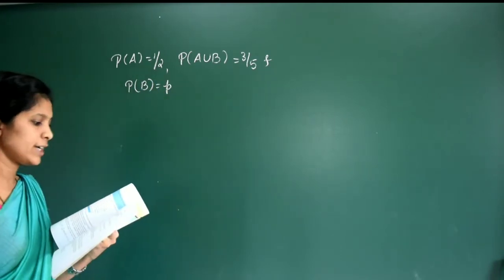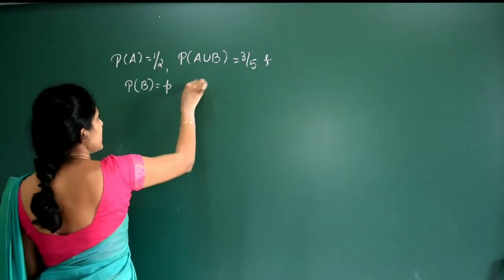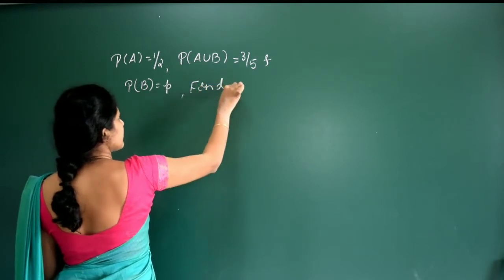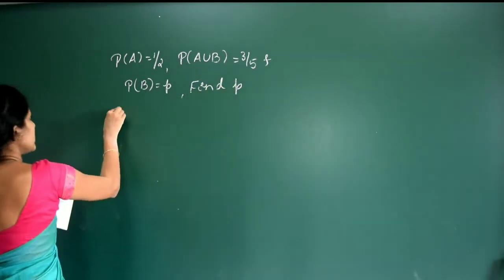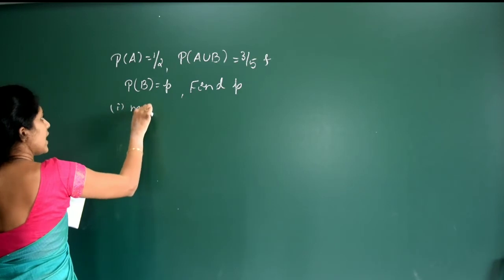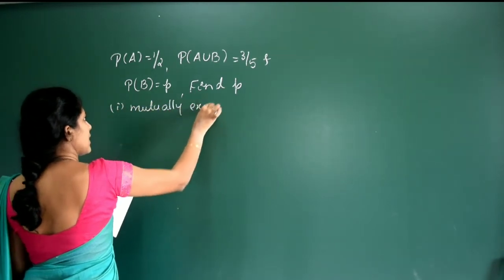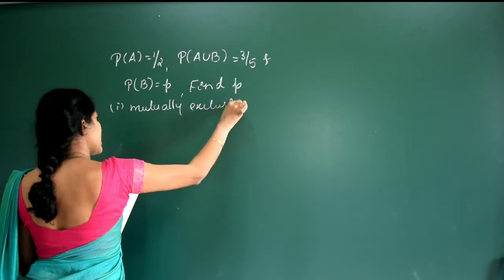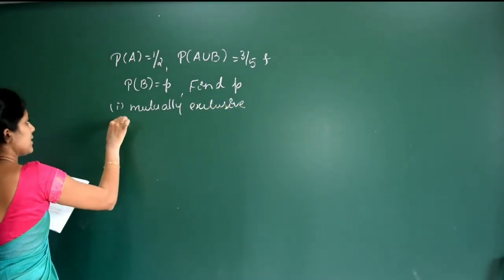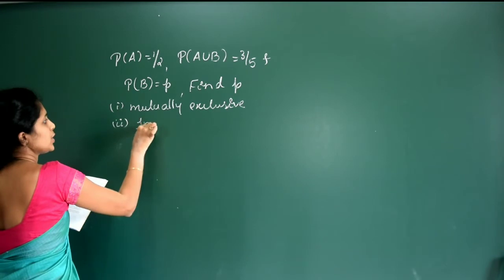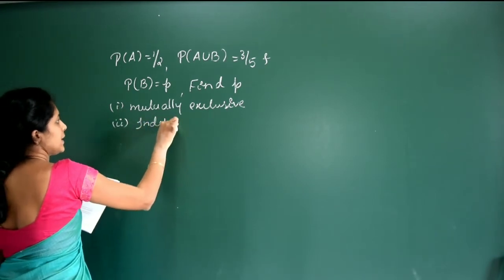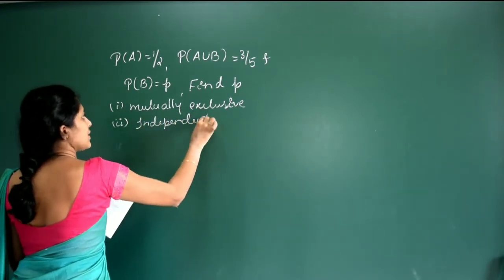Now what you have to find, the value of P. There are two conditions given. First one is mutually exclusive, and second one is they are independent. So in both the conditions you need to find the value of P. Okay, let's solve this one.